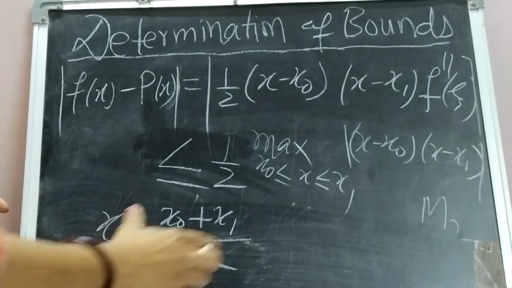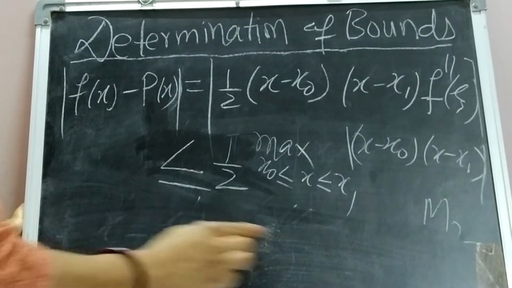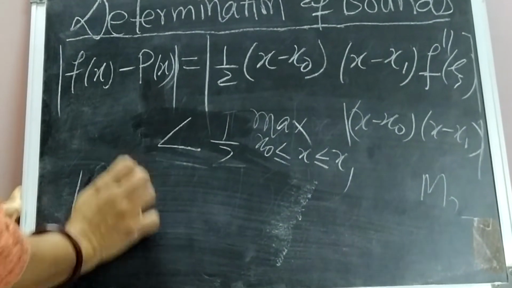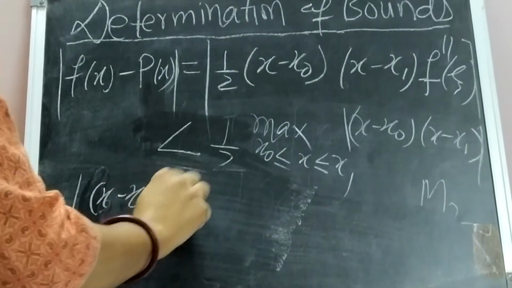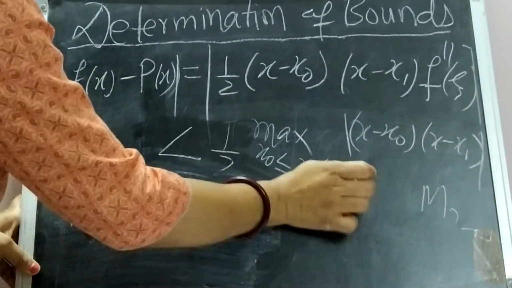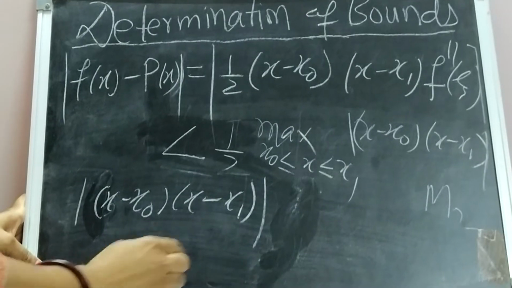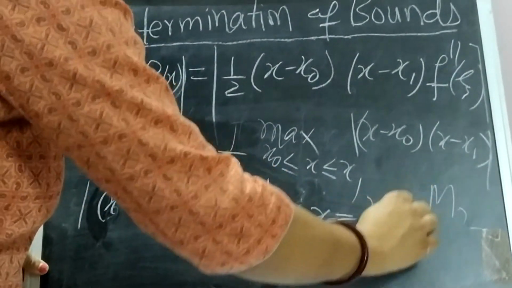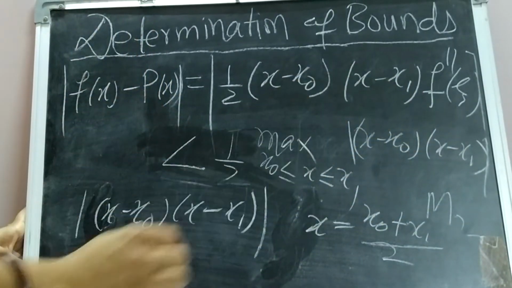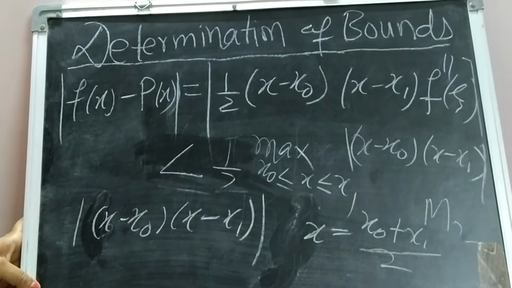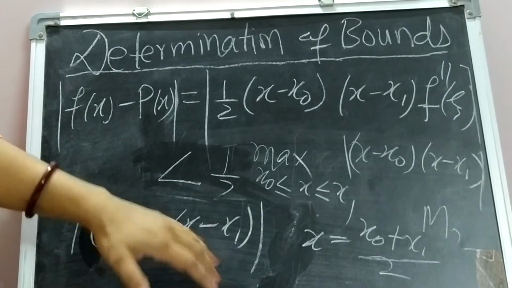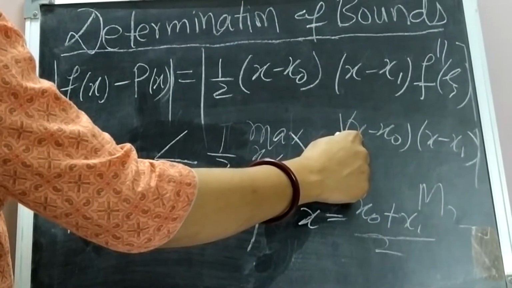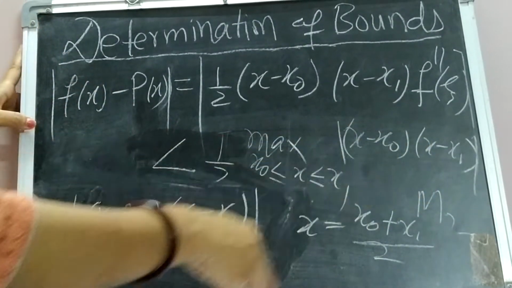So, the maximum value of the mod of x minus x0, x minus x1 will occur at the critical point, x is equal to x0 plus x1 by 2, and equation star, in the light of that, will become what? We have to substitute this value of x over here and here, and simplify.